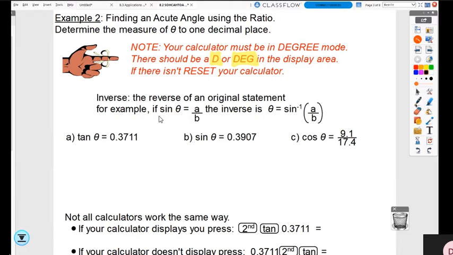So, folks, if we look at this example over here, A, it says tan of theta equals 0.3711. Now, remember, even in grade 9, we want to solve for theta, right?